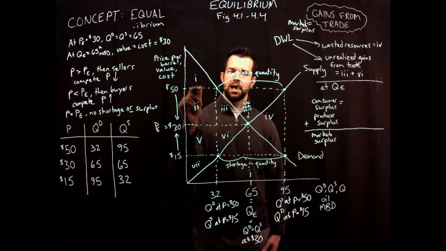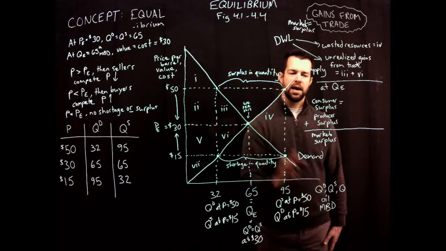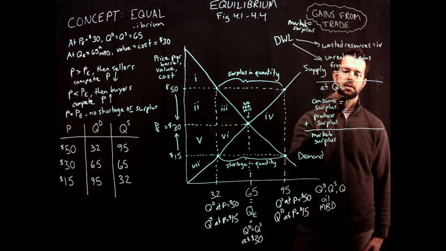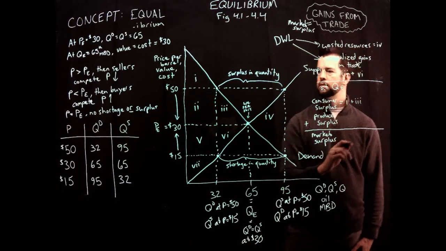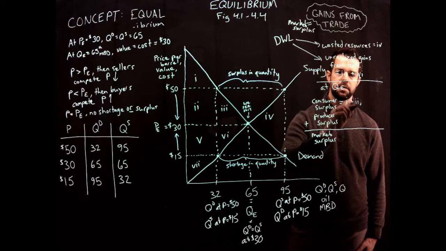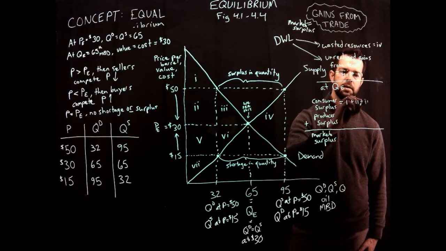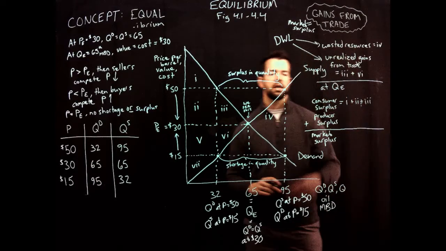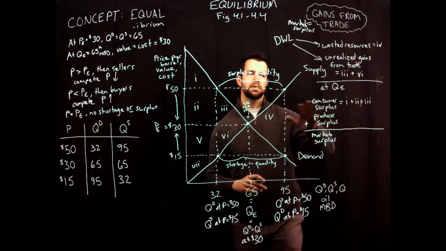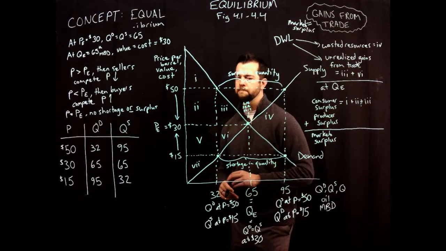If we add I plus II plus III, we get consumer surplus. The buyers' gains from trade. So all the individual consumer surpluses added together, okay?